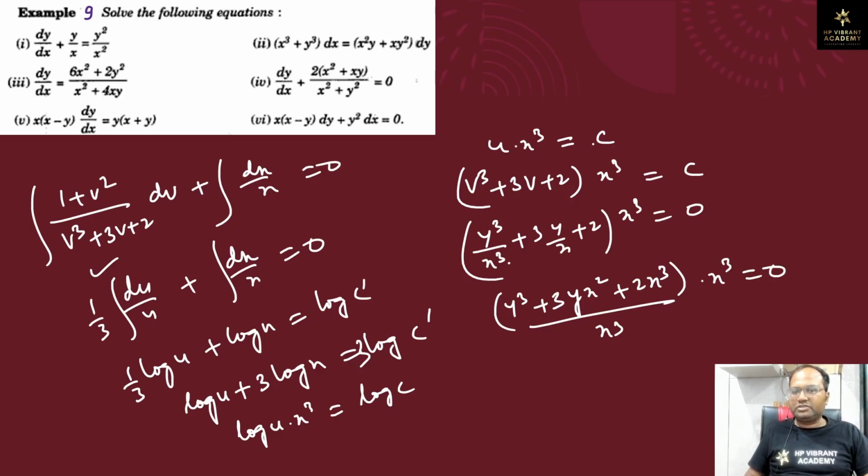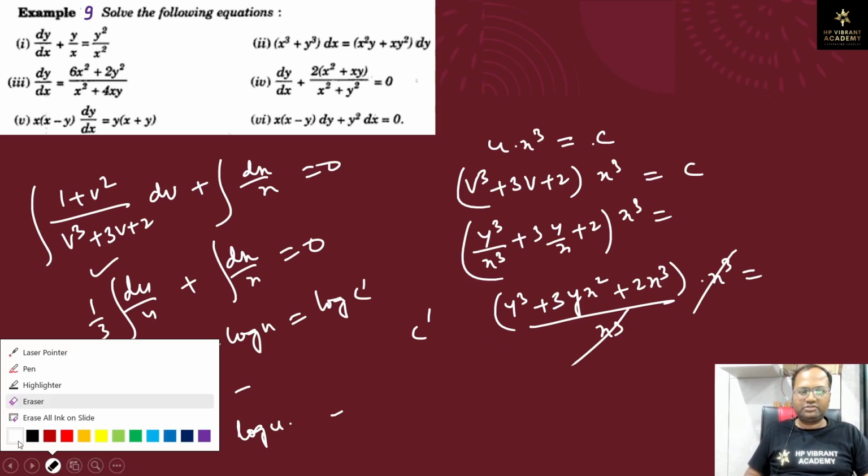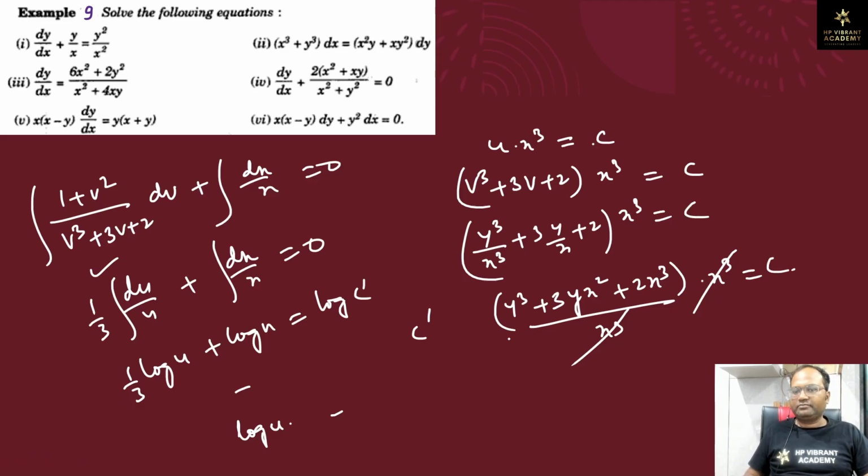Y cube plus 3, this is y times x square plus 2x cube. This gets cancelled. So our general solution is c, not 0. Where will 0 come from? It will be c.